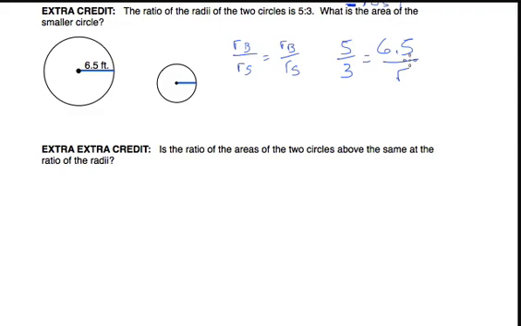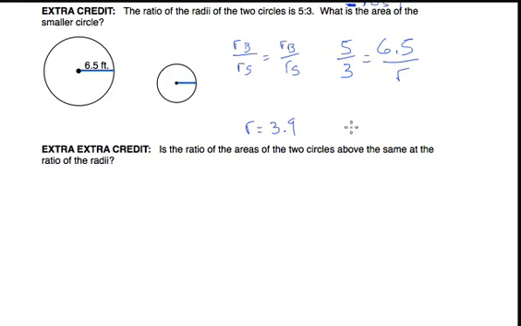6.5 times 3 divided by 5 gives us 3.9. If r is 3.9, then what am I doing?